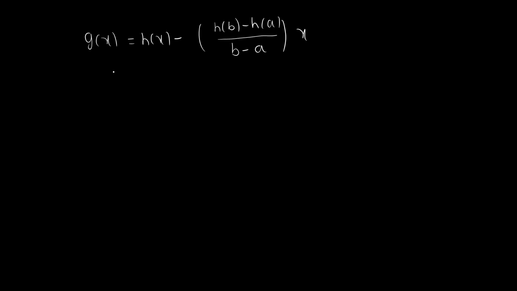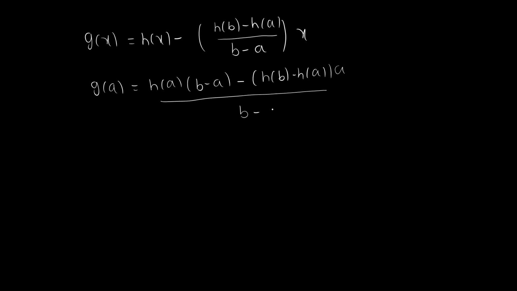Now if I put a in place of x, I get g(a) is equal to h(a) into (b minus a) minus (h(b) minus h(a)) into a divided by (b minus a), which will give me that (b times h(a) minus a times h(b)) divided by (b minus a).